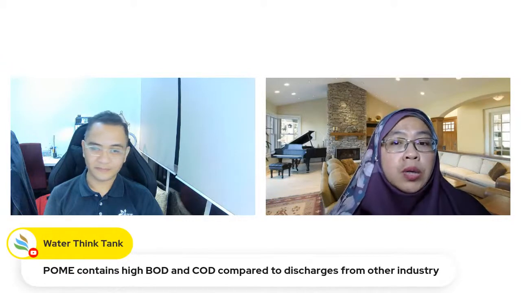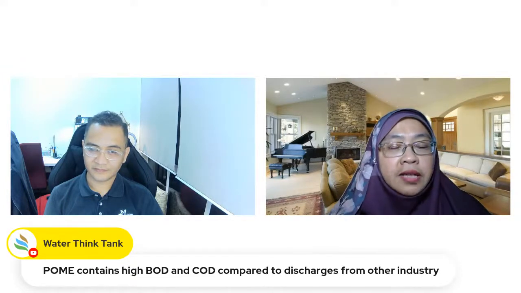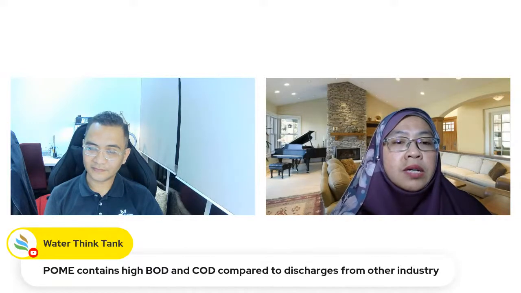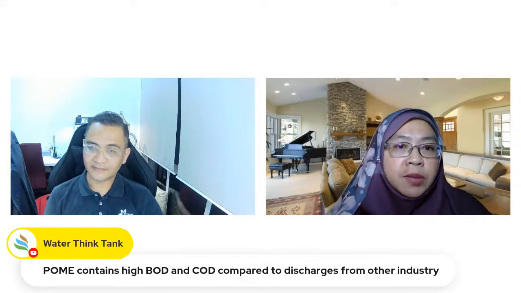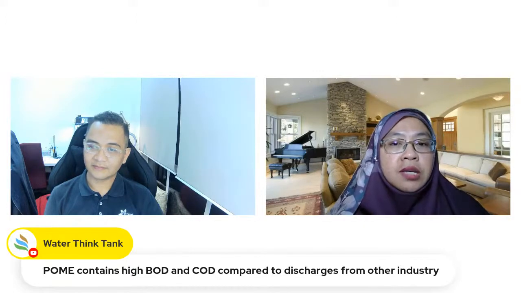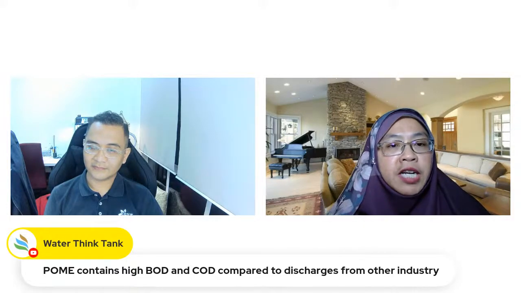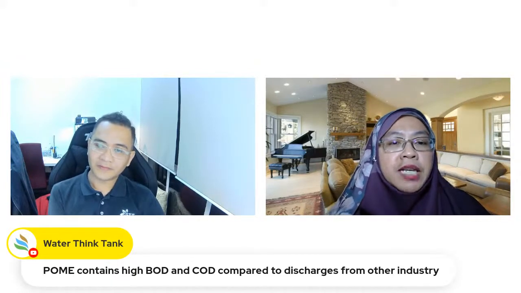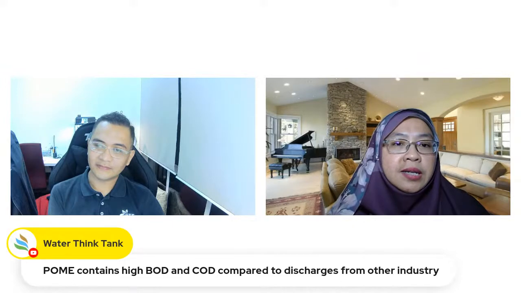If we don't treat this high oil content and let the final effluent be released with high oil content, it will actually be destructive to our general wastewater treatment plant if it comes to the public drainage and so on. So it becomes a problem. That's why it must be treated prior to being released to the waterways.